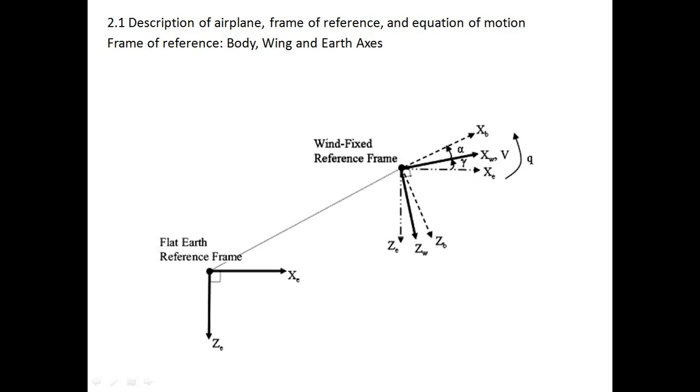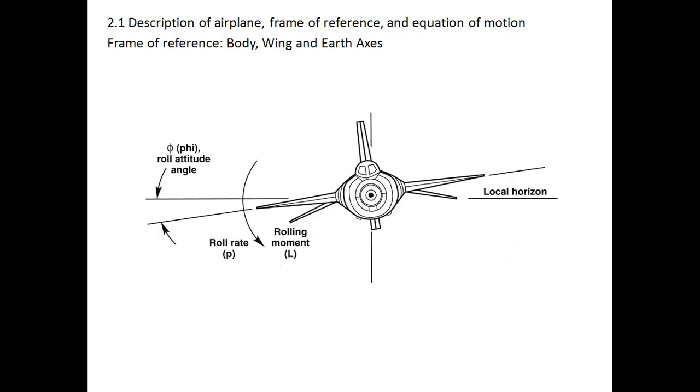Pretty much about 5 minutes now. That is if you look from the side. If you look from the front, this is the horizon. And this horizon represents the y-axis of the Earth axis.